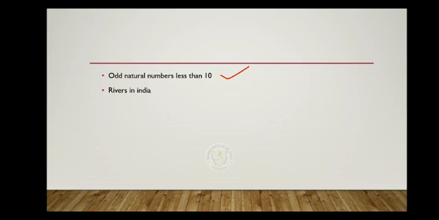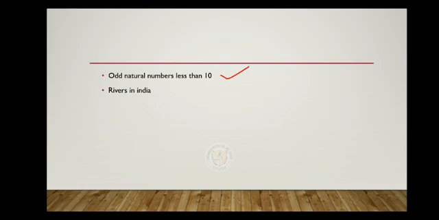See the second one, rivers in India. So we can list down, collect the list of rivers in India. And if a name of a river is given, you can decide whether that river is in India or not. For example, if I tell Ganga, so Ganga is a river in India, right?